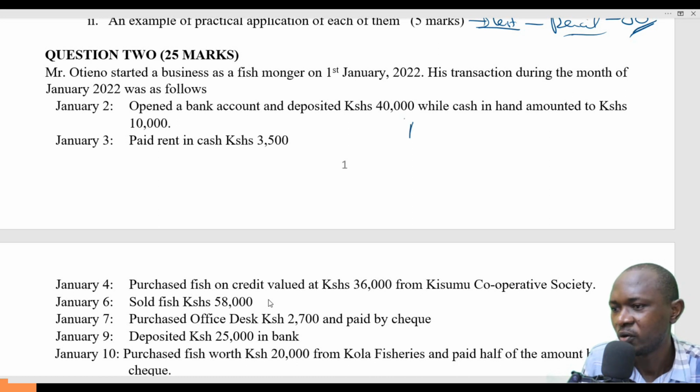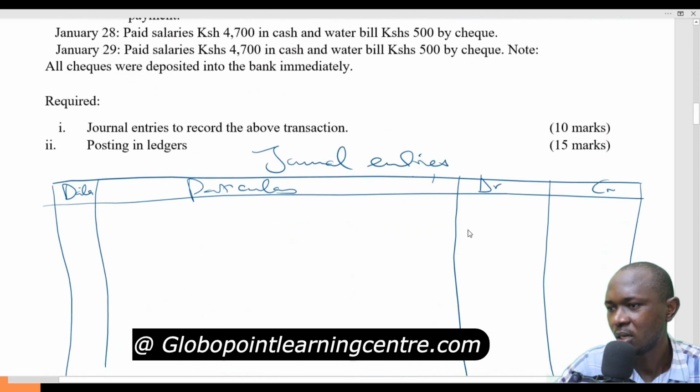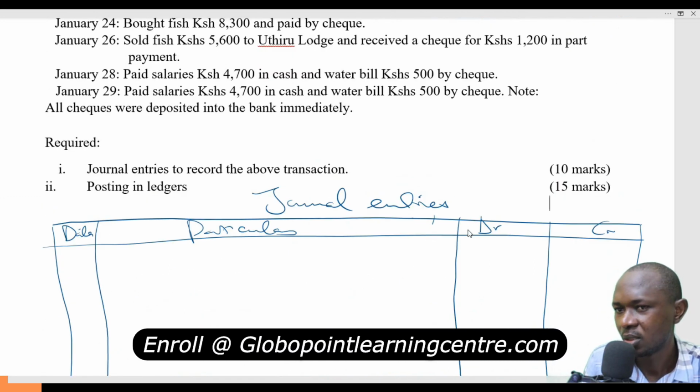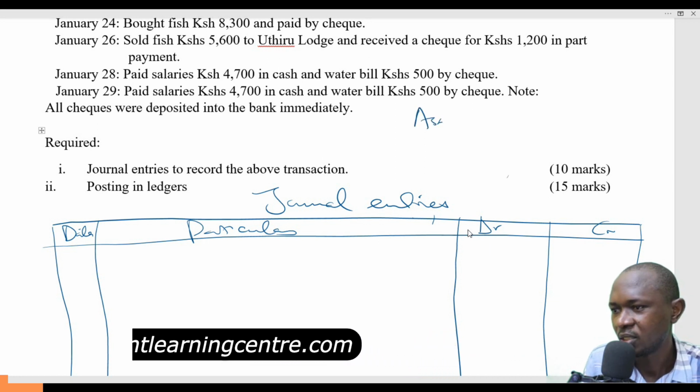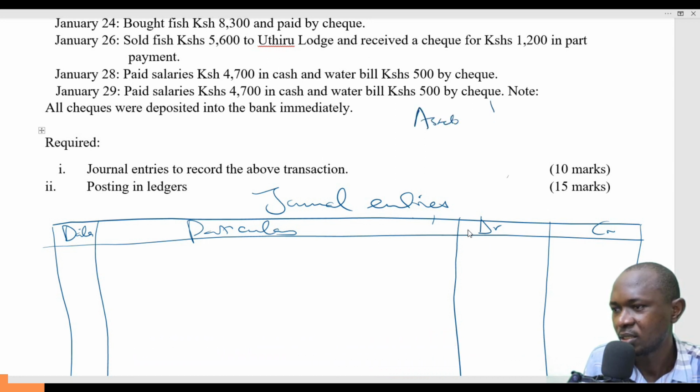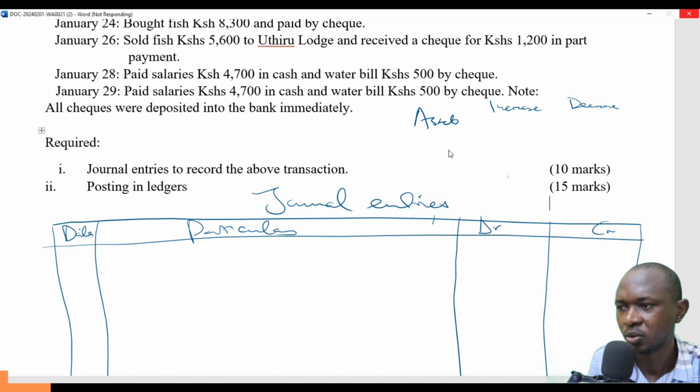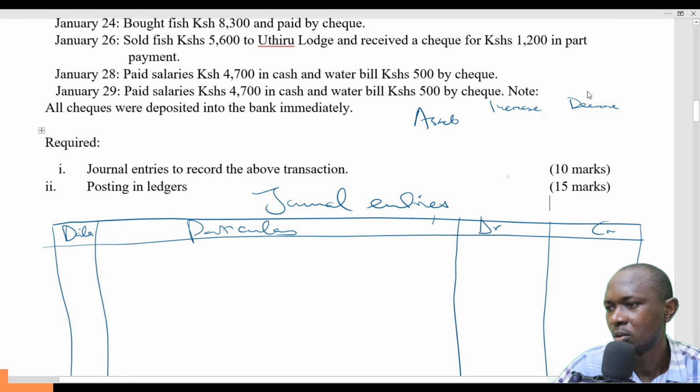Now, just before we start posting this, it's important that we mention something about the debit and credit treatment. These are just guidelines. For assets, an increase is a debit and a decrease is a credit.